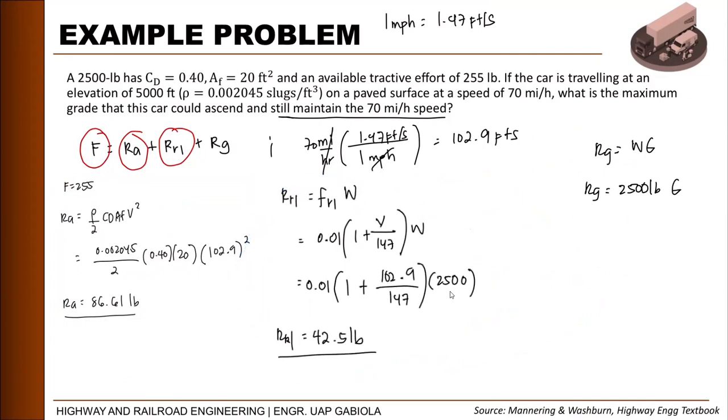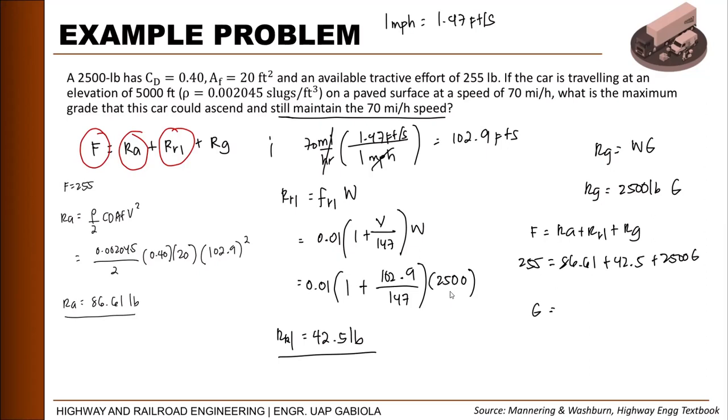Okay? So F is equals to RA plus RRL plus RG. So that is 255 is equals to 86.61 plus 42.5 plus 25G. So yung G natin is 255, transpose lang natin, 86.61 minus 42.5 divided by 2,500.